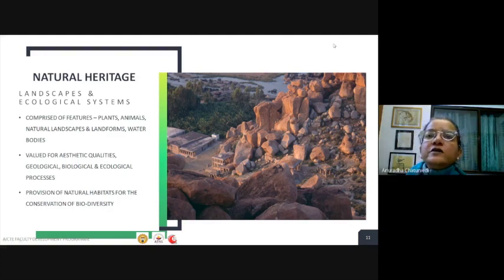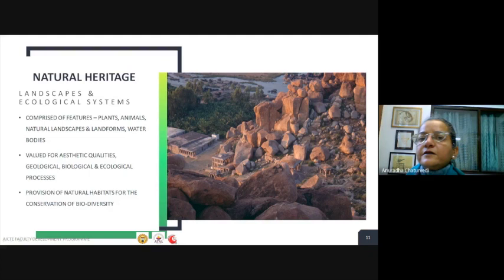Heritage also includes the natural heritage of landscapes and ecological systems. This comprises features such as plants, animals, natural landscapes and landforms, water bodies. These kind of landscapes and ecological systems are valued for their aesthetic qualities, for the geological, biological, and ecological processes which are manifested there.